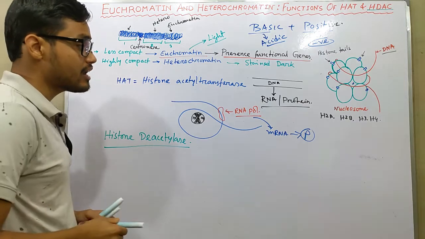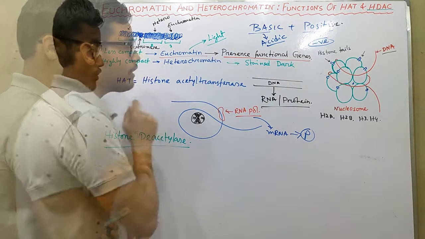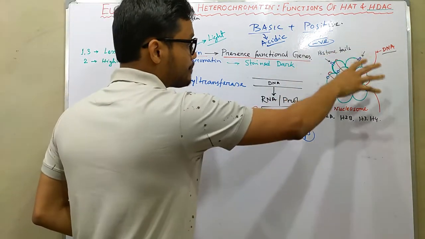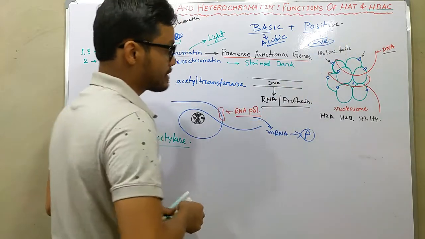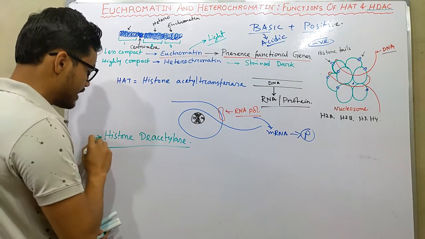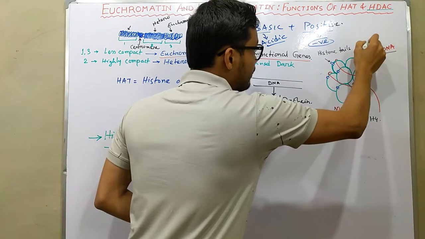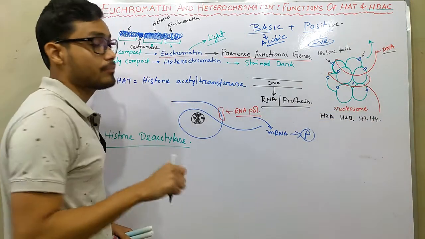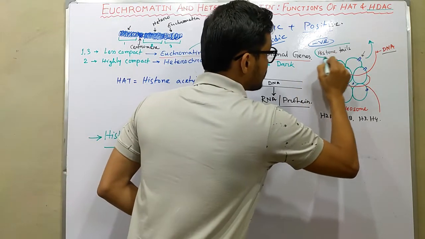When histone acetyltransferase adds an acetyl group to histone tails, then after completing its work, histone deacetylase removes those acetyl groups from the histone tails.